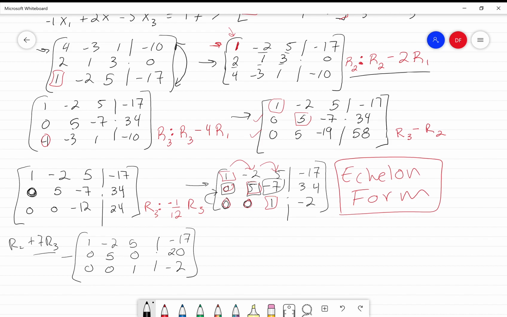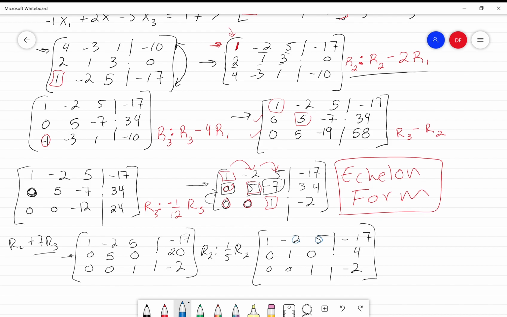And now I can take this row and I can replace row 2 with 1 over 5 row 2. So I get 1, negative 2, 5, negative 17, 0, 1, 0, 4, 0, 0, 1, negative 2. And now I need to make both of these 0.